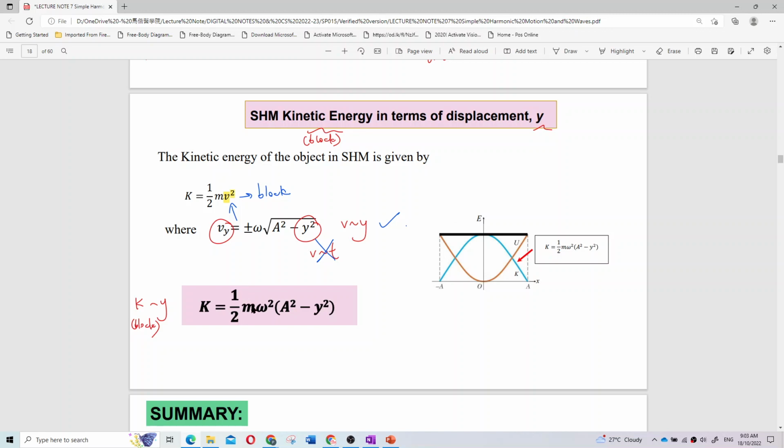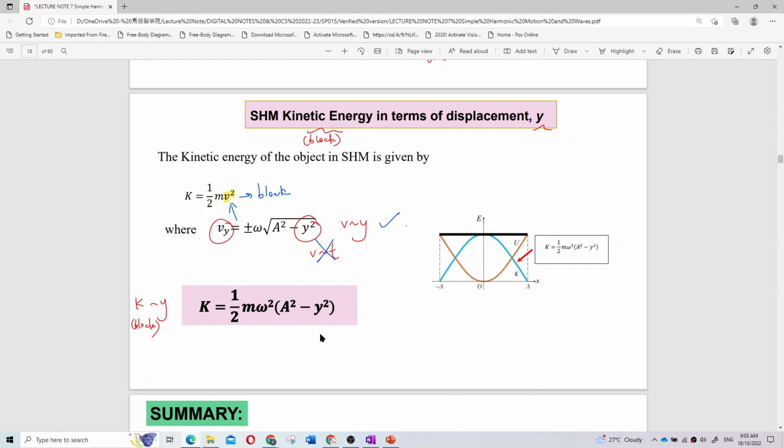So omega becomes omega square, and the square root is gone. You get this formula. Substitute v square with this, and the formula for K versus y is K equals 1/2 m omega square (a square minus y square).